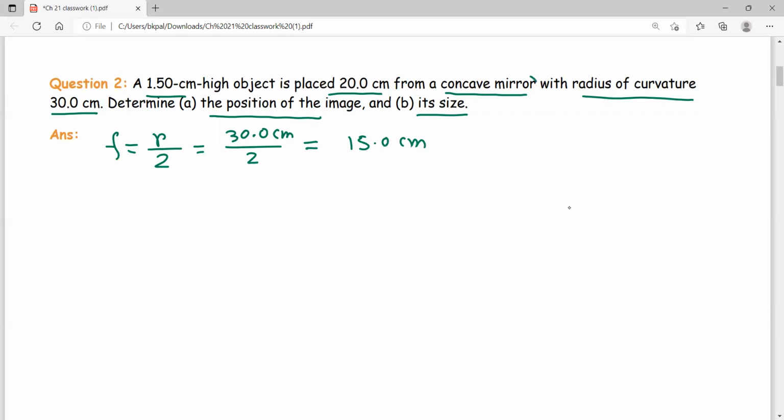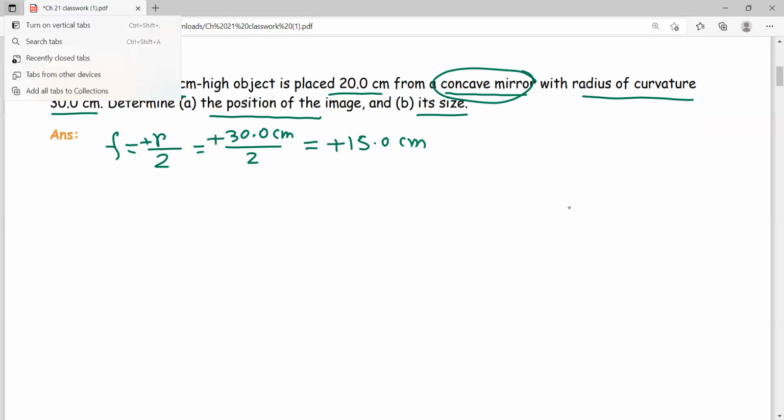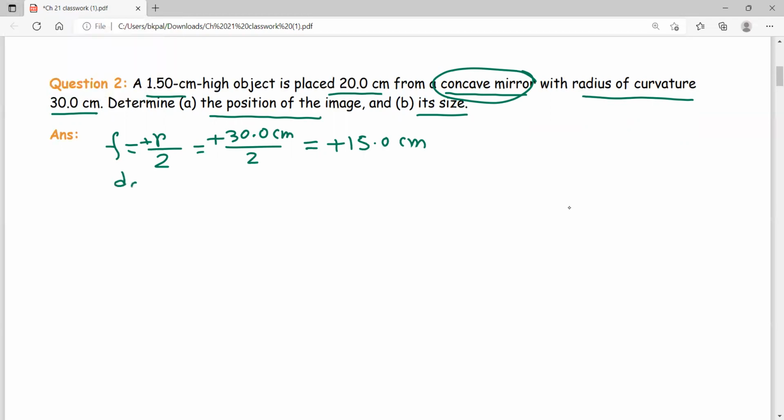Because this is a concave mirror, the sign for f will be positive. The object distance d_o is 20 centimeter, and normally object distance is positive.